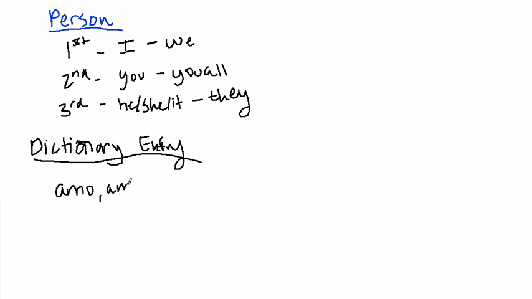Amo, amare, amavi, amatum, or amatus. I'll get more into that later. Amatum, and it means to love. Okay, so basically the dictionary entries for verbs are divided into principal parts.